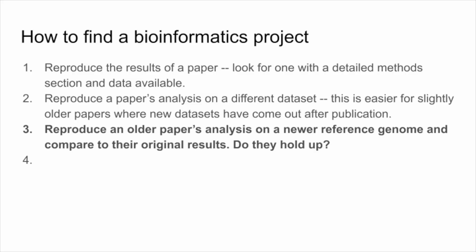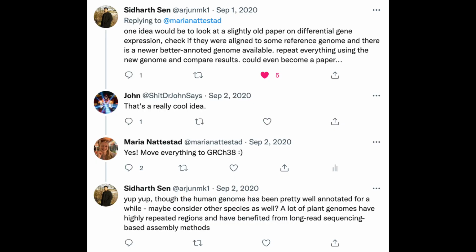Now the third one is you can reproduce an older paper's analysis on, say, a newer reference genome and compare to the original results. Someone mentioned this in the Twitter thread related to gene expression analysis.